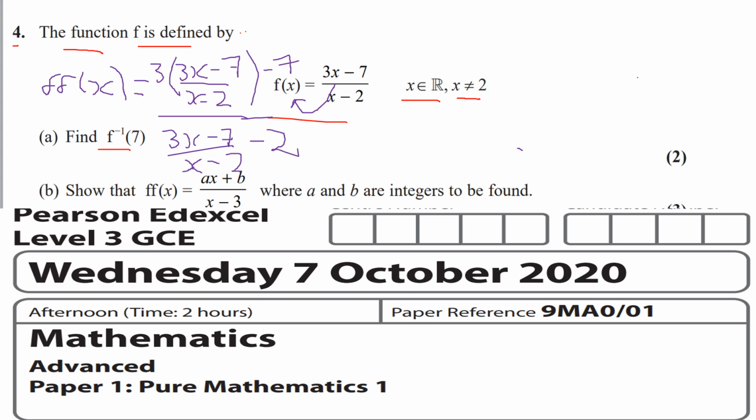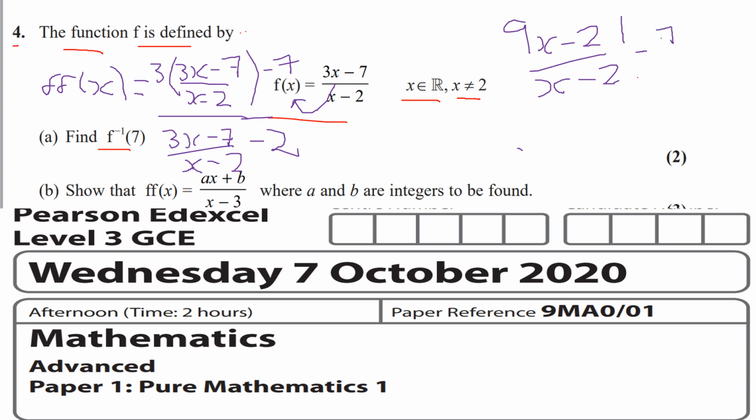The x there is going to be all this, and then I've got the minus 7. I'm not going to expand the bracket, so I'm going to have 9x minus 21 all over x minus 2, and then subtract that 7.